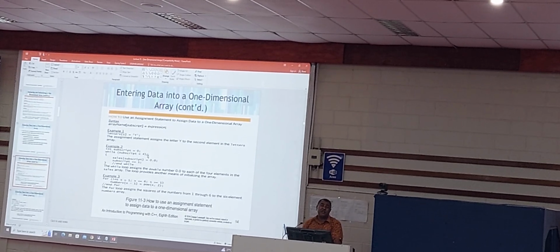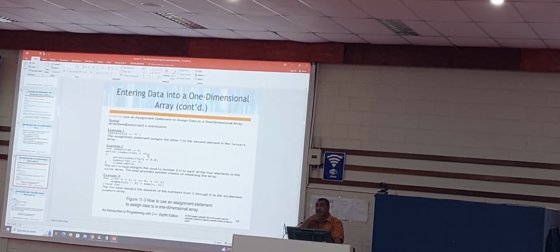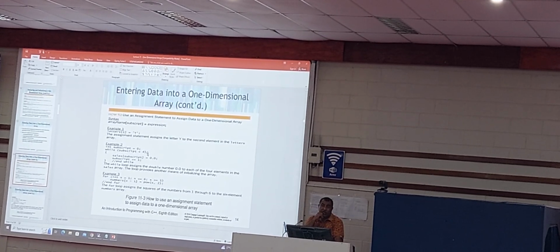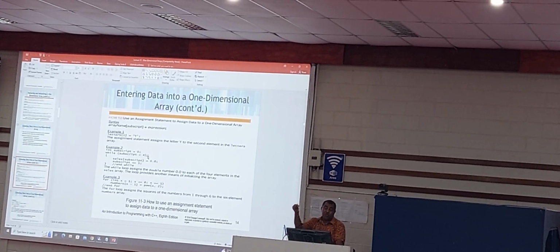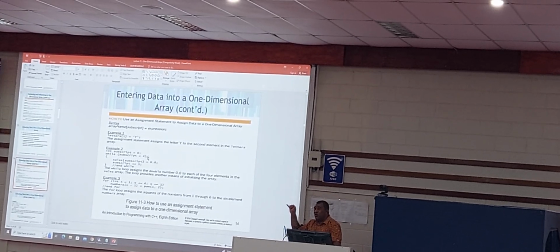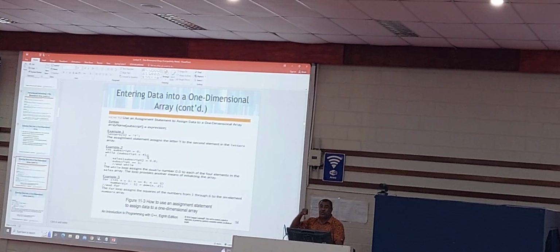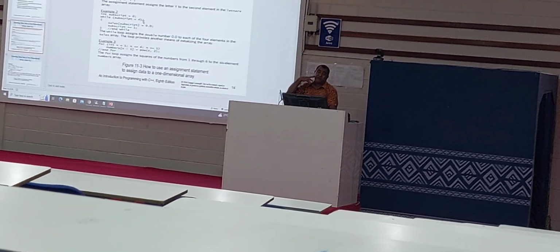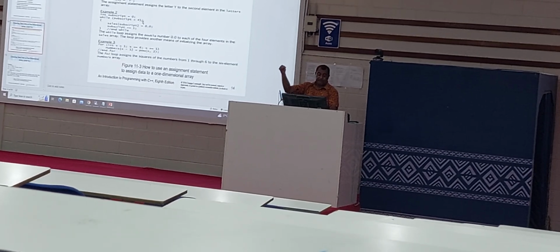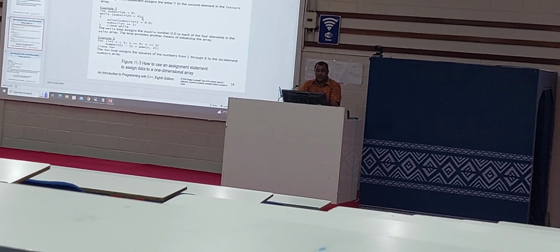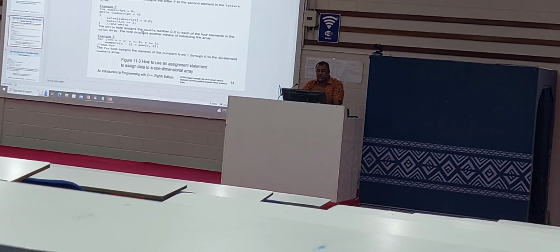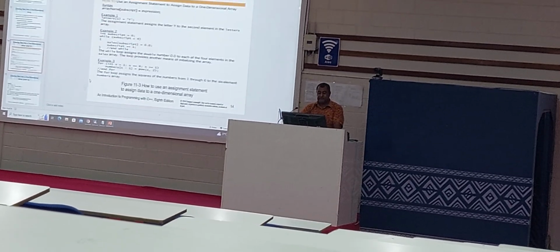So altogether we can populate the array with 4 elements: 0, 1, 2, and 3. The last position that you can fill inside that array is position number 3. The first position is always 0, so 0, 1, 2, 3. It's less than 4, so there are 4 elements that we can add to this array.